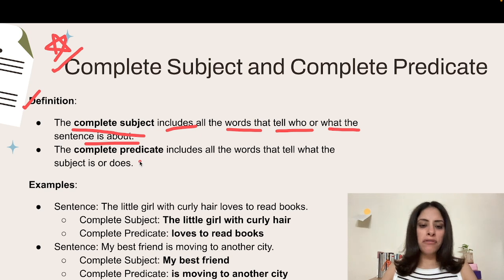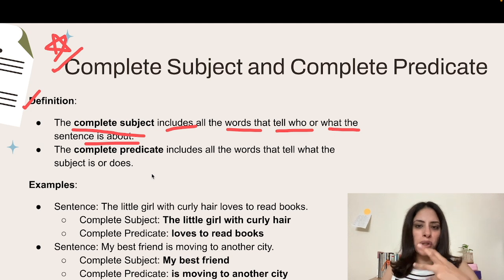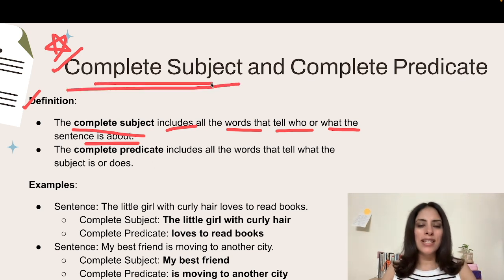Now, earlier, let's think of a girl's name, that Yakshi loves to read books. Let's take that example. In this we have one subject and the rest of the sentence is predicate. Now if you give more information about the subject, if you include all the words that you can to give as much information about your subject, in that case it becomes a complete subject because it's really descriptive.